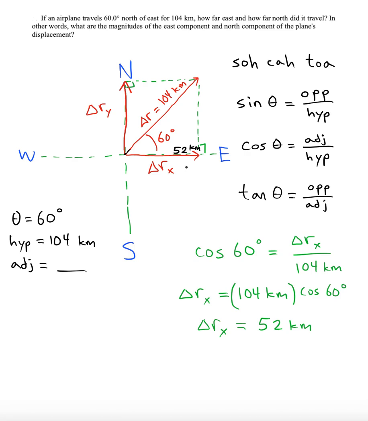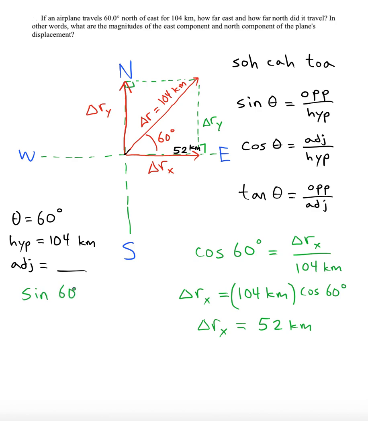All right, next, we'd like to find delta Ry. Now, you can see that the left side of this rectangle is going to be the same size as the right side of the rectangle. With that in mind, we can label this leg of the triangle delta Ry. Now, which trig formula will allow us to find the opposite leg when we know an angle and the hypotenuse? That would be the sine formula.